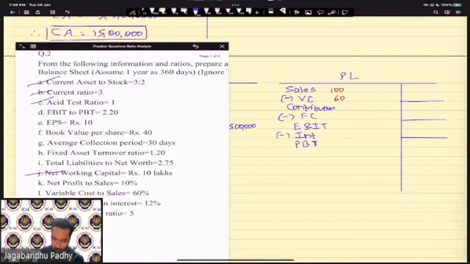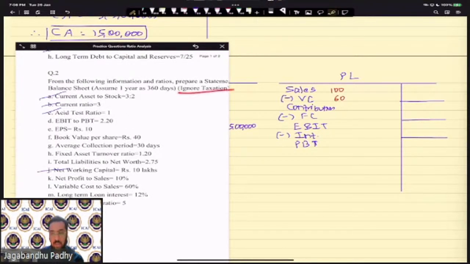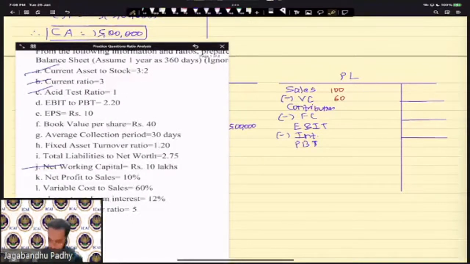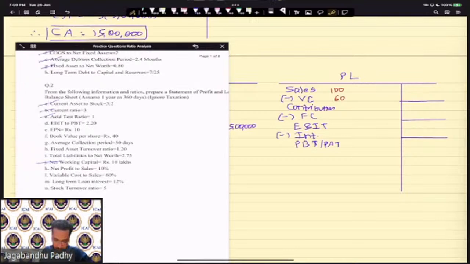In fact, the question says you need to ignore taxation, so profit before tax and profit after tax are one and the same. Now, they have given that net profit to sales is 10%. Again, we don't have information about sales or anything.